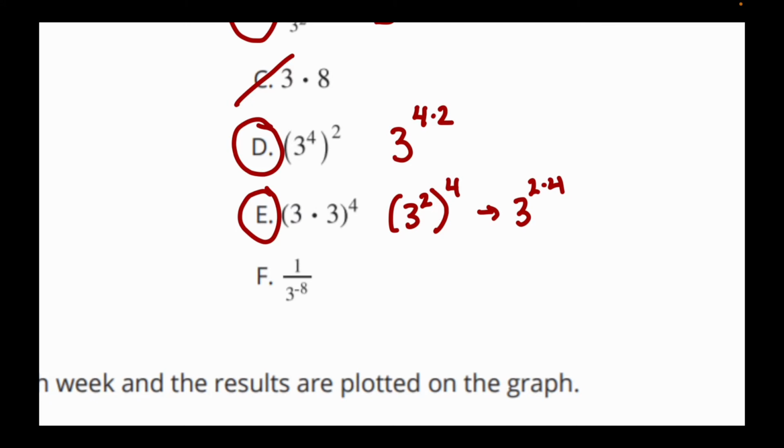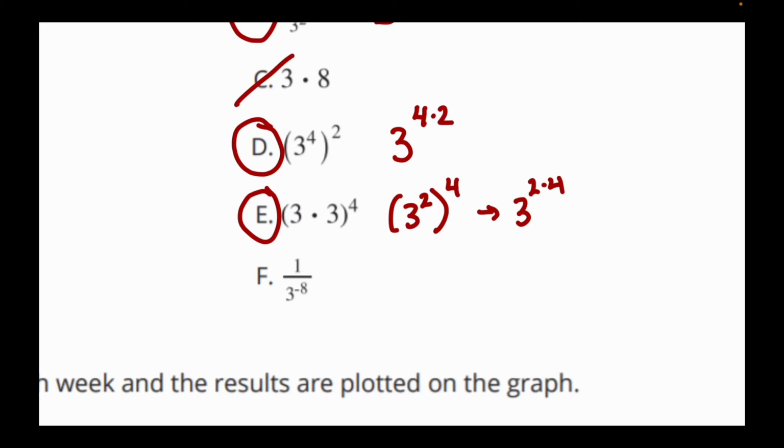Now for part F, we have 1 over 3 to the power of negative 8. So this one is also going to be equivalent. The short explanation is that anytime you have a negative exponent, you will change whichever side of the fraction it is on. So we could just jump straight to moving 3 to the negative 8 up into the numerator. Our other way of thinking about this is that 1 is the same as any number to the power of 0.